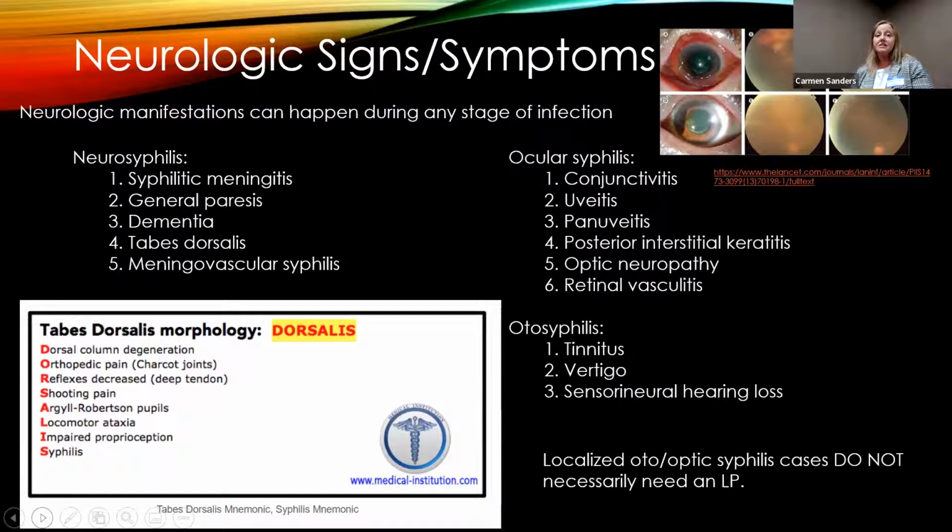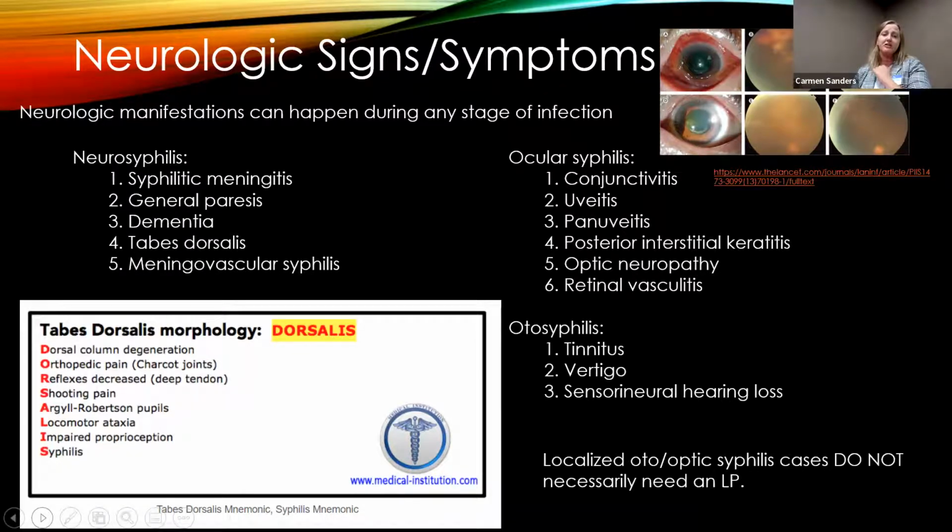With neurosyphilis, you can see syphilitic meningitis, general paresis, which is weakness in an extremity for unknown reasons. You've ruled everything else out. Dementias, tabes dorsalis, and meningovascular syphilis, which is the vascular system inside the brain and nervous system.